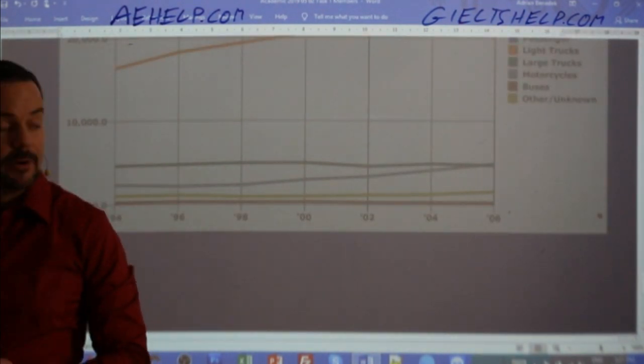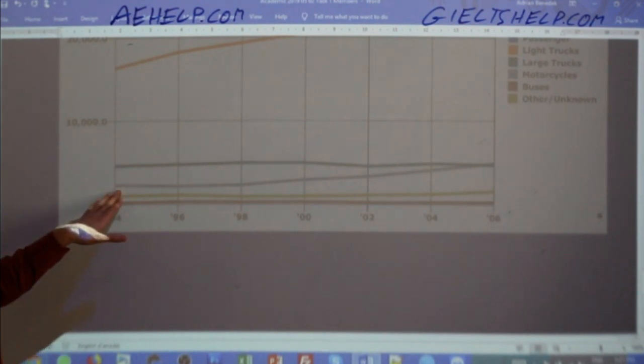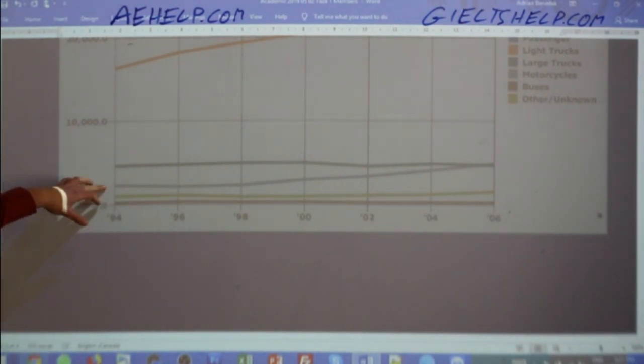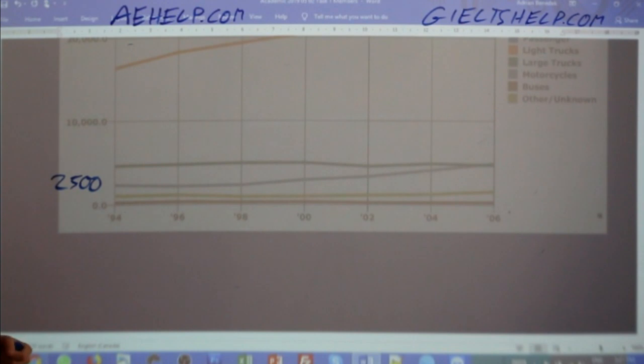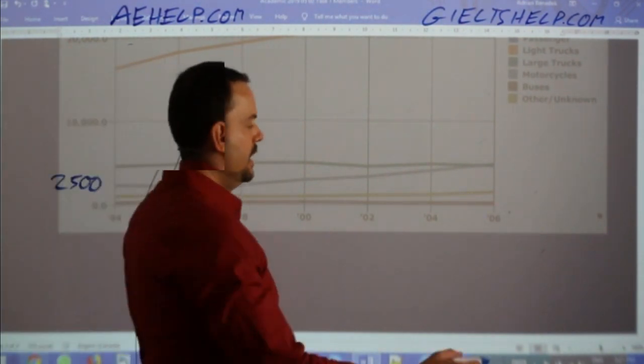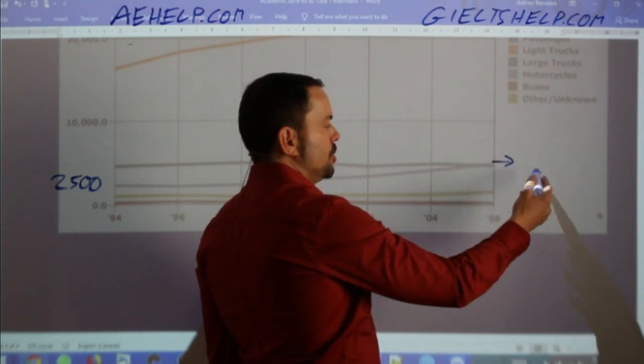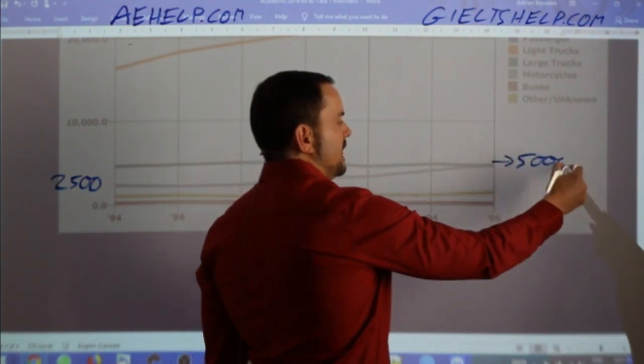All right, next, let's talk about motorcycles. So here's motorcycles. Okay, motorcycles are roughly about 2,500 in 1994. And by 2006, motorcycles are about 5,000.